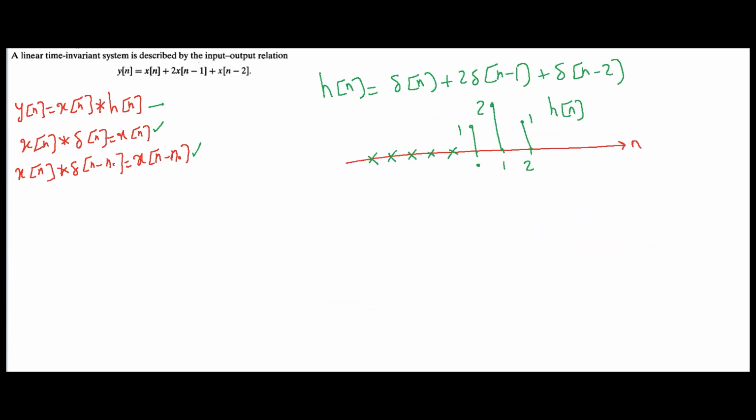Part 4. Finding the frequency response. Next, we are asked to determine the frequency response of the system. Let's first recall two important Fourier transform properties. The Fourier transform of the unit impulse is equal to 1.